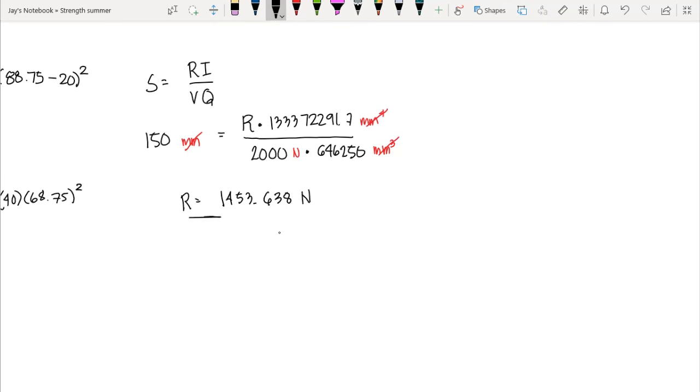So this is our final answer, and this is the shear force which is being carried by our screw. So the shear capacity of our screw should be equal or greater than this value, in order to avoid failure or cracking in our screw.